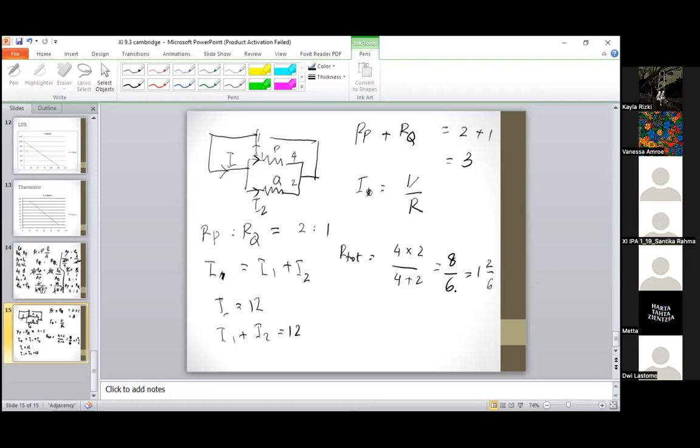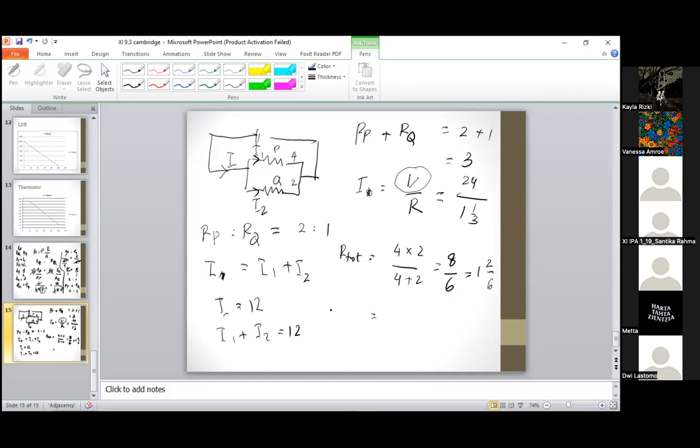Then we can assume we have V, and we get that I is V per R. Because we do not know V, we assume a value, maybe 24.